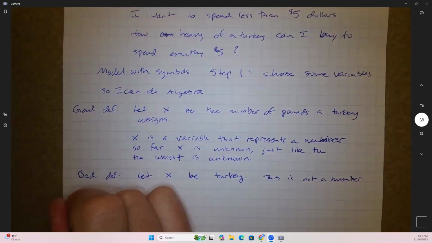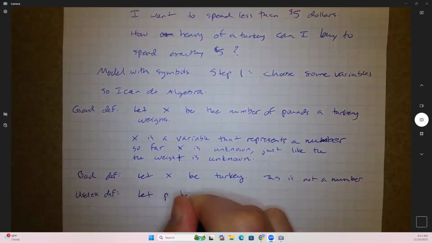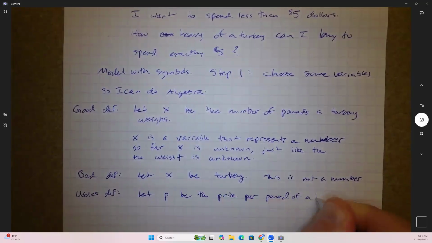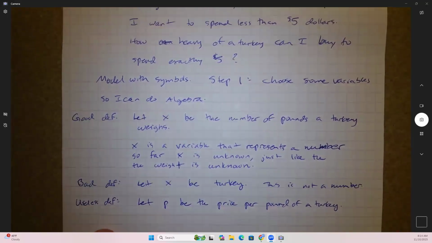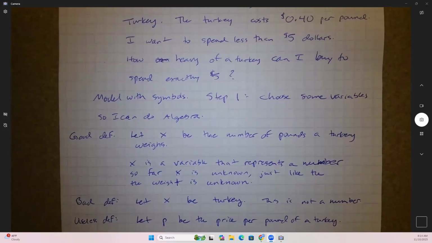A useless definition would be let P be the price per pound of a turkey. Can I get this all on the thing? Why is this a useless definition?